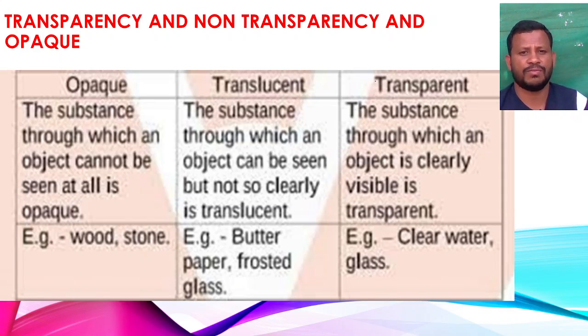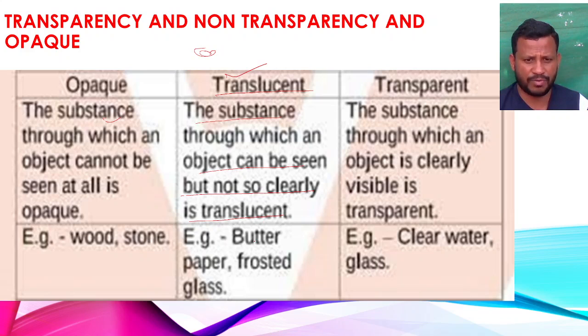Okay, next one we see is translucent. Translucent means the substances through which an object can be seen but not clearly. If we take some substances through which we can see but not clearly, where the image is blurred in nature, we call them translucent.